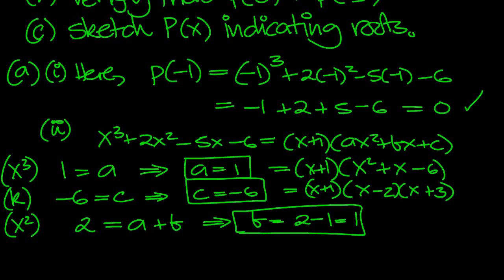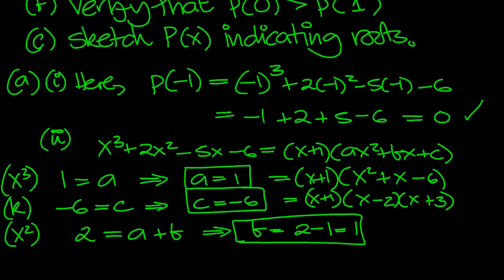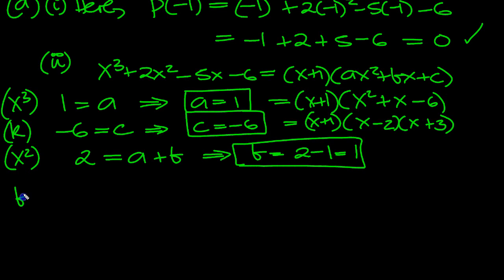Now part C. Oh, verify part P0 is greater than P1. So P0 then, and P1. If we put 0 into our cubic, we'll get 1 times minus 6, won't we, which is minus 6.